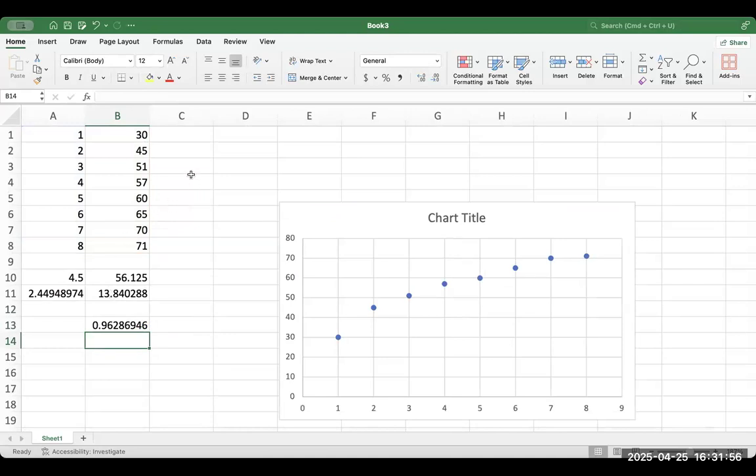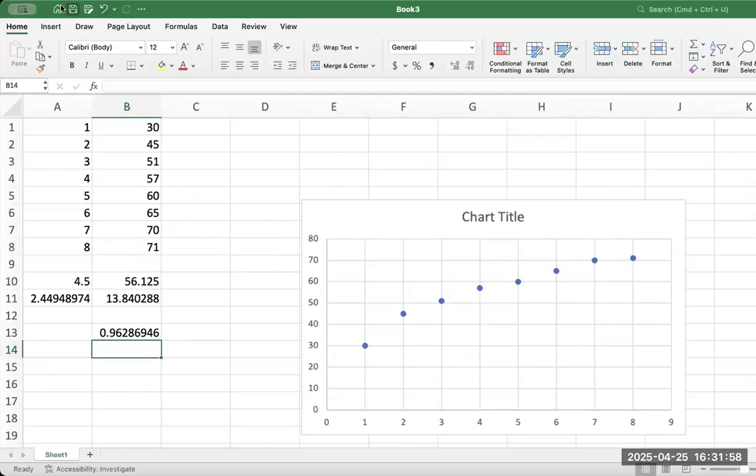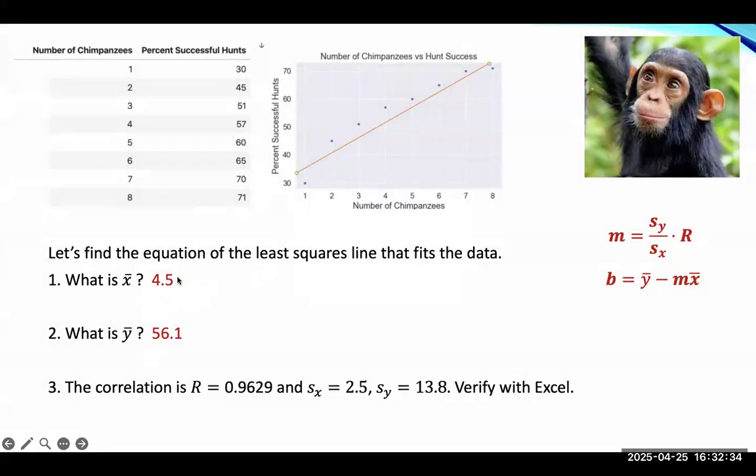Now let's go back to the PowerPoint. Okay, so we have that x bar is 4.5, y bar is 56.1. We got that information from Microsoft Excel. The correlation coefficient is 0.9629. The standard deviation of x is about 2.5, and the standard deviation of y is about 13.8, and we verified this with Excel.